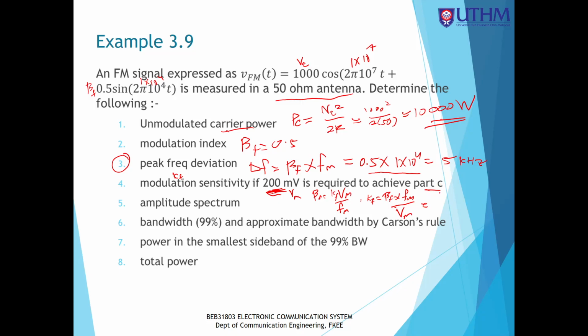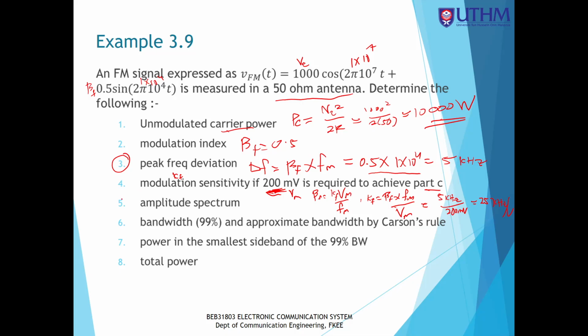So 5 kilohertz divided with 200 millivolt. How much is this? 5k divided with 200 milli, we get 25,000 kilohertz per volt. Actually, 25 kilohertz per volt.